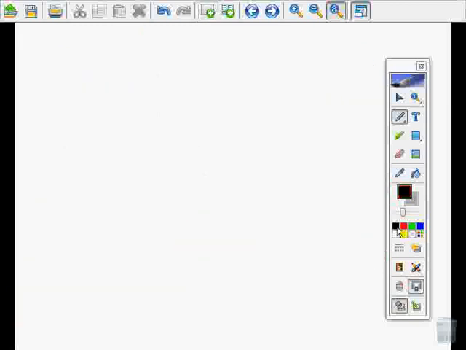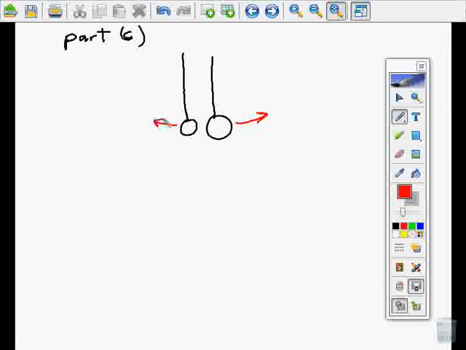So, for part C, thank you for reminding me that there's a part C. Basically, this sphere is going up this way, and this sphere is going back up that way. Well, what kind of energy does it have right after the collision? Kinetic energy.